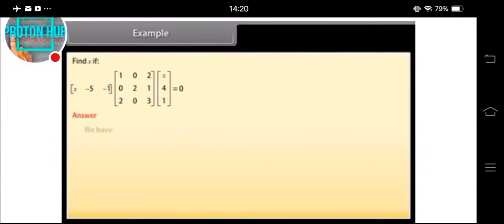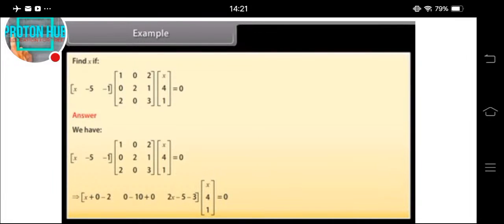Given that, we have matrix row-wise first row x, minus 5, minus 1 multiplied by matrix row-wise first row 1, 0, 2, second row 0, 2, 1, third row 2, 0, 3 multiplied by matrix row-wise first row x, second row 4, third row 1 is equal to 0.